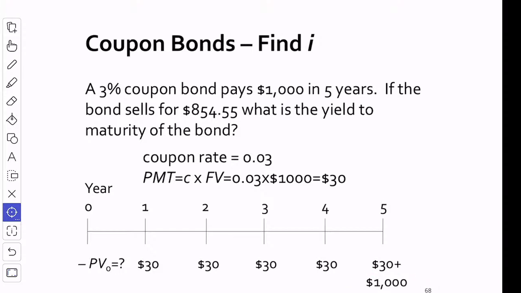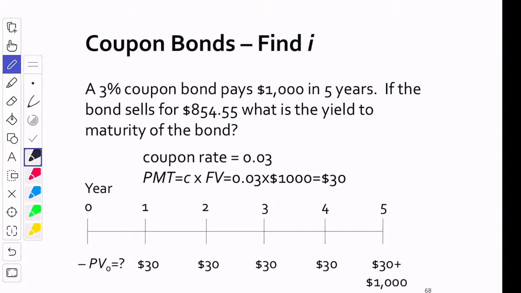The coupon rate you're told is 3%, so that's $30. But the price is less than 1,000, so that is a discount bond, and it means, as we learned last class, that the coupon rate is less than the full interest, and you get a discount as a result.